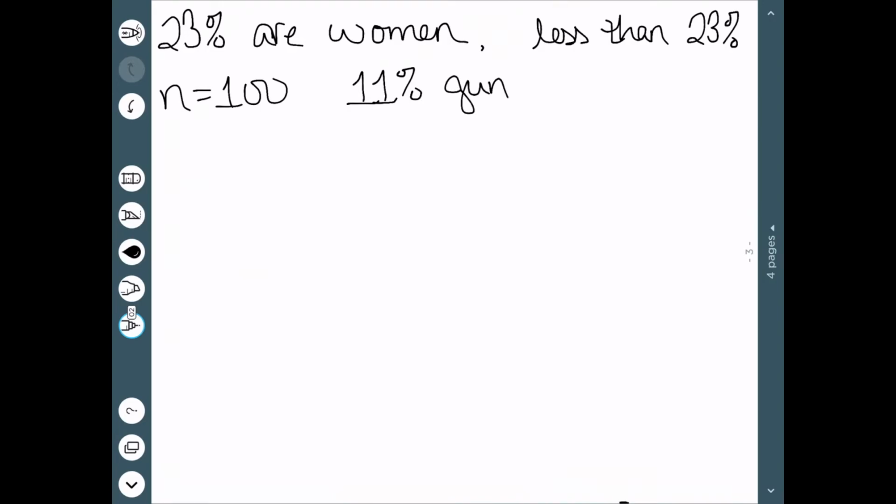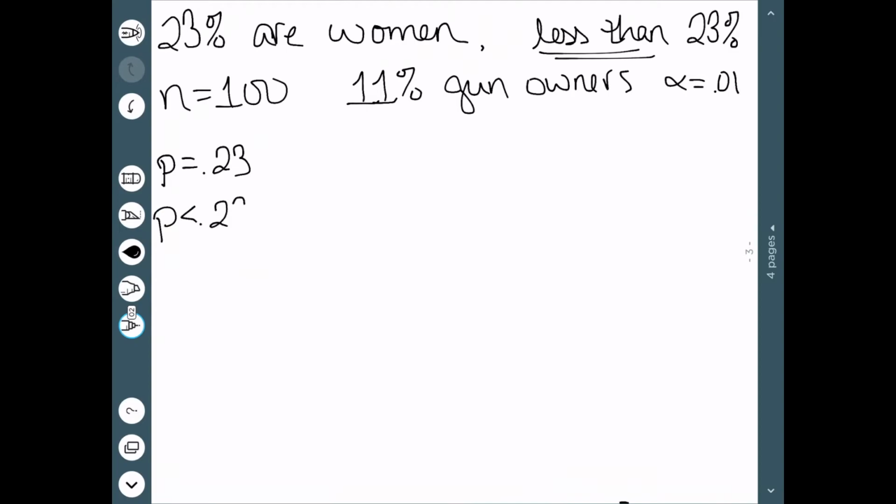And he wants to test this claim at alpha equal to 0.01. So my hypotheses are that it's either equal to 0.23 or, in this case, less than 0.23. So we have a left-tailed test, and we have alpha equal to 0.01.